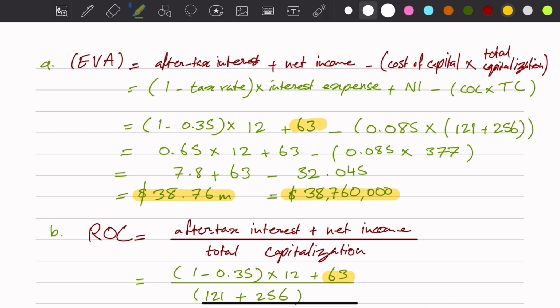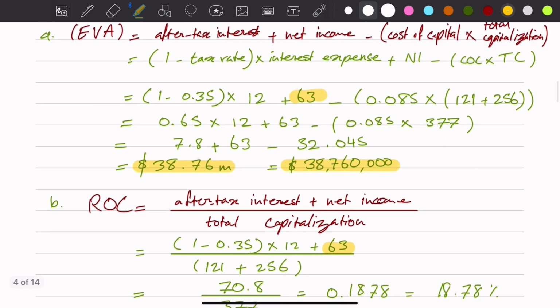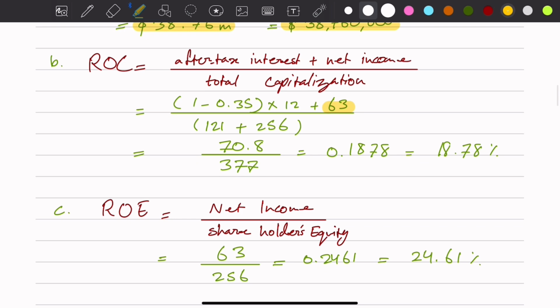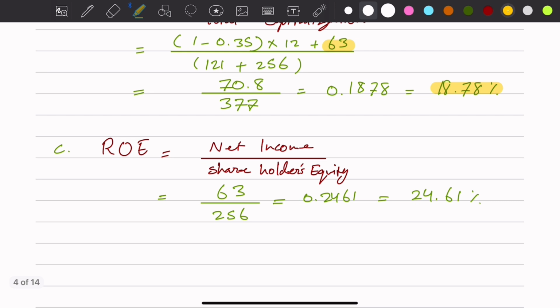So yeah, we can derive from that the company is actually creating value for its investors. In addition to having a positive return on capital of 18.78% and a positive return on equity of 24.61%. So this company is actually doing quite well.